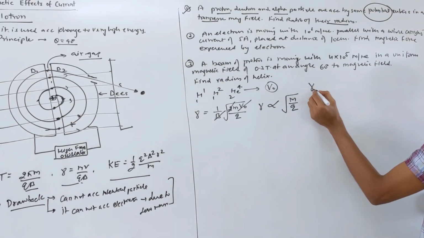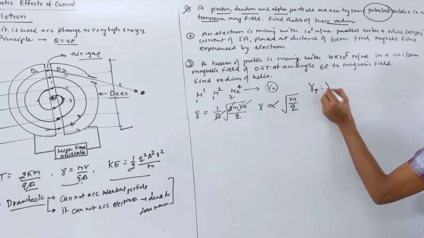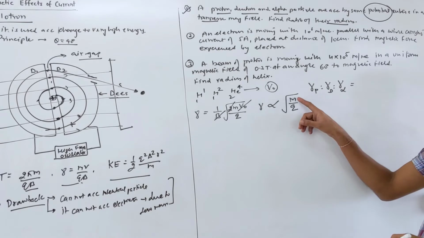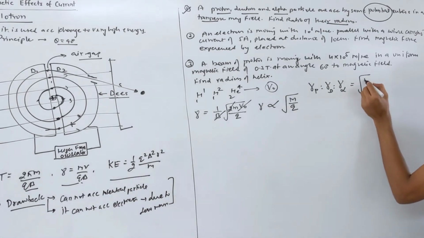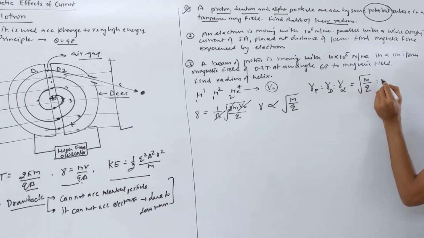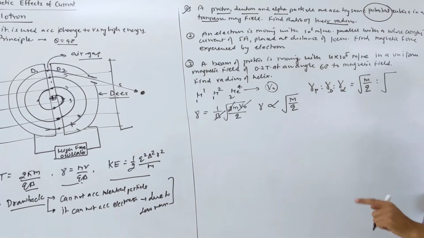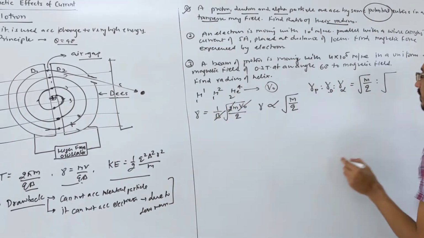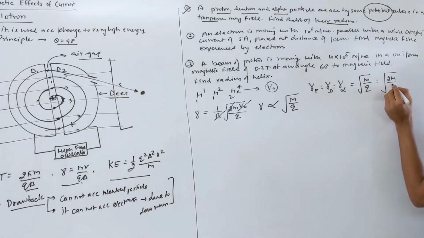So the radius ratio of proton to deuteron to alpha we need, which depends on m by q. Suppose the mass of the proton is m and the charge of the proton is q. Then deuteron: the mass gets doubled, so the mass is 2m and the charge is the same, so it becomes 2m by q.